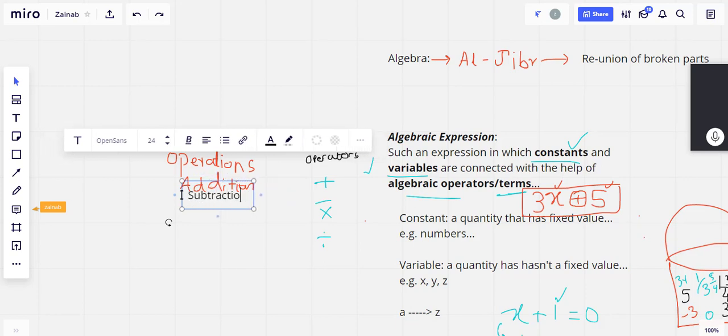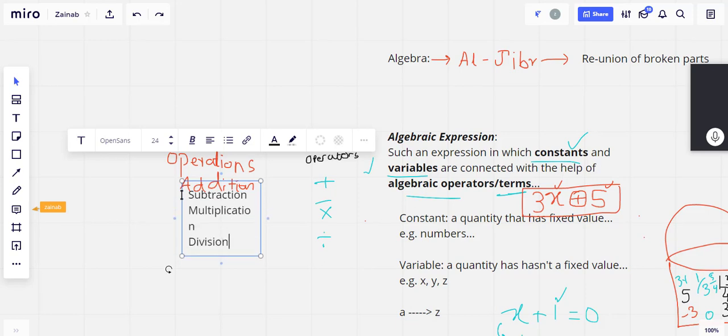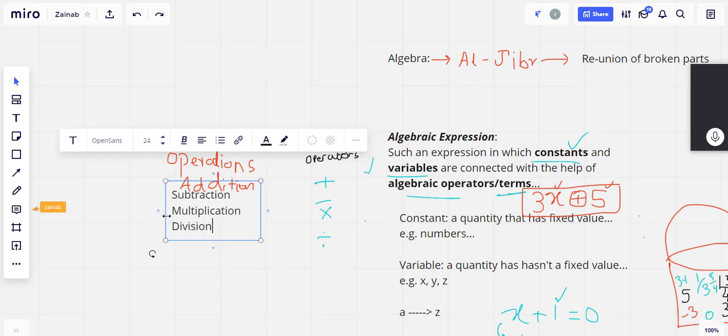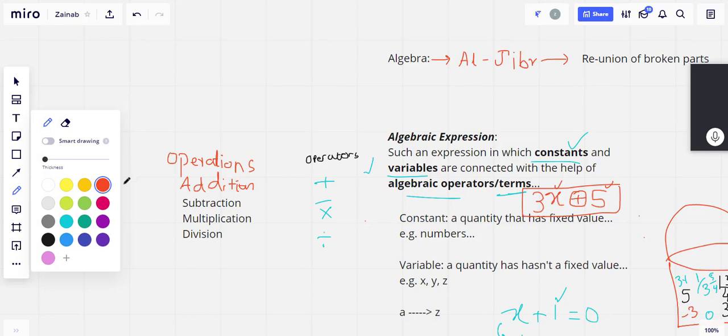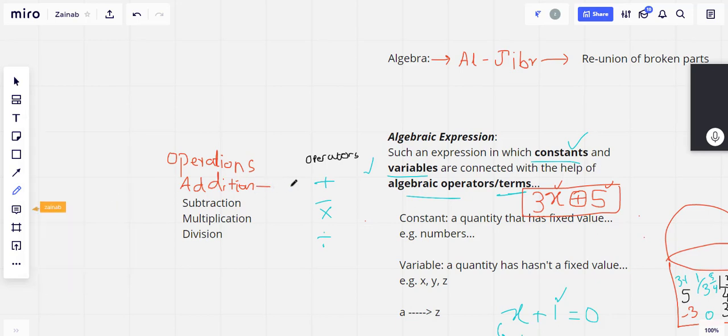So subtraction, multiplication and division. Operators, you can call them operators or operating signs.